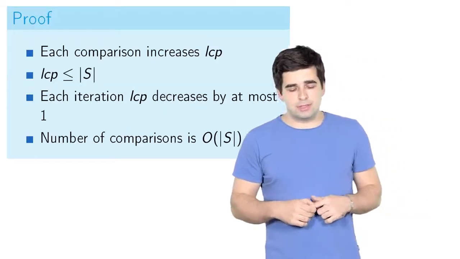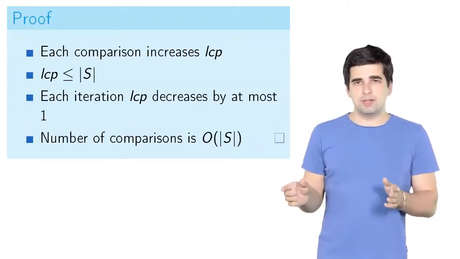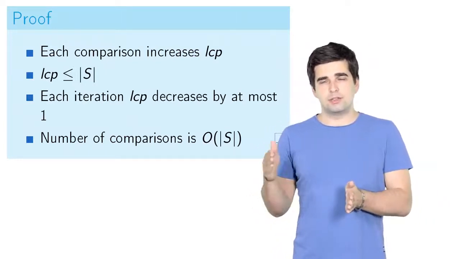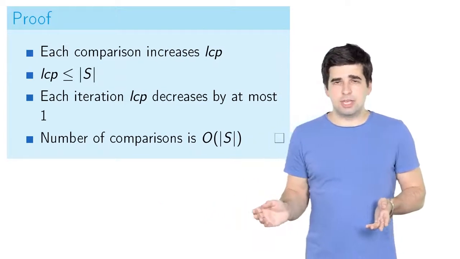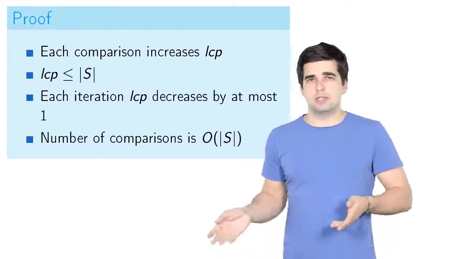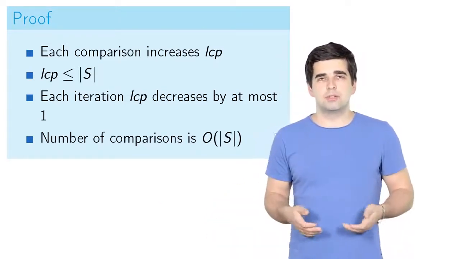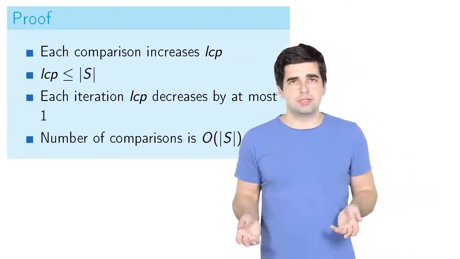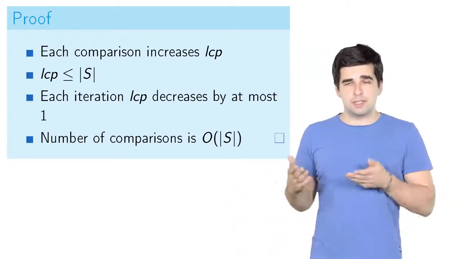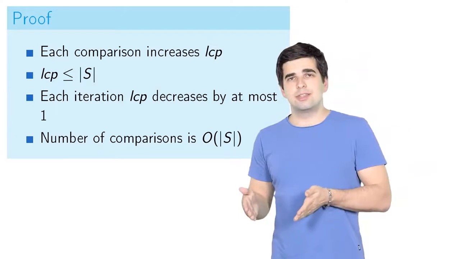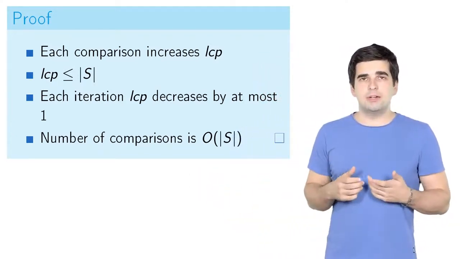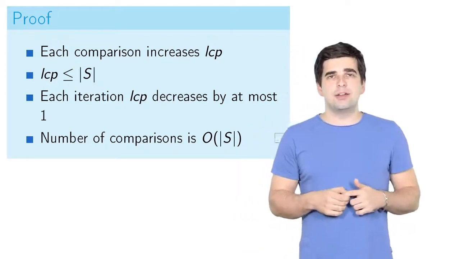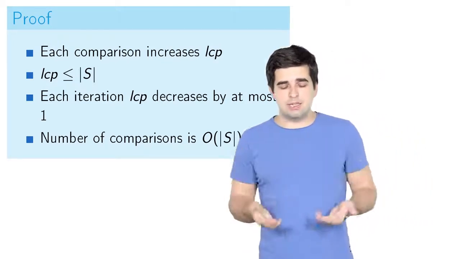And to prove that is now easy, because each comparison we do between one suffix and another either finishes the iteration, and the number of such comparisons is at most the number of iterations, and we have at most length of the string iterations. Or if it's a successful comparison, then it increases the current value of variable LCP. And the variable LCP cannot be bigger than the length of the string at any moment.